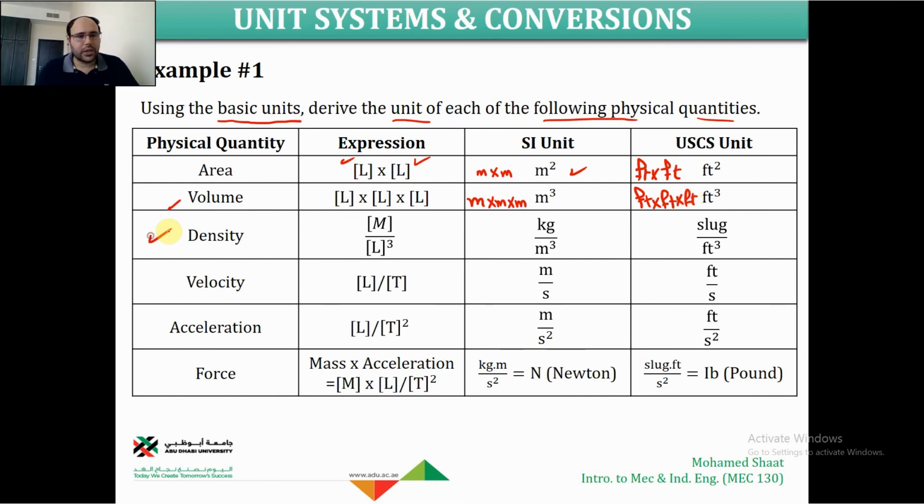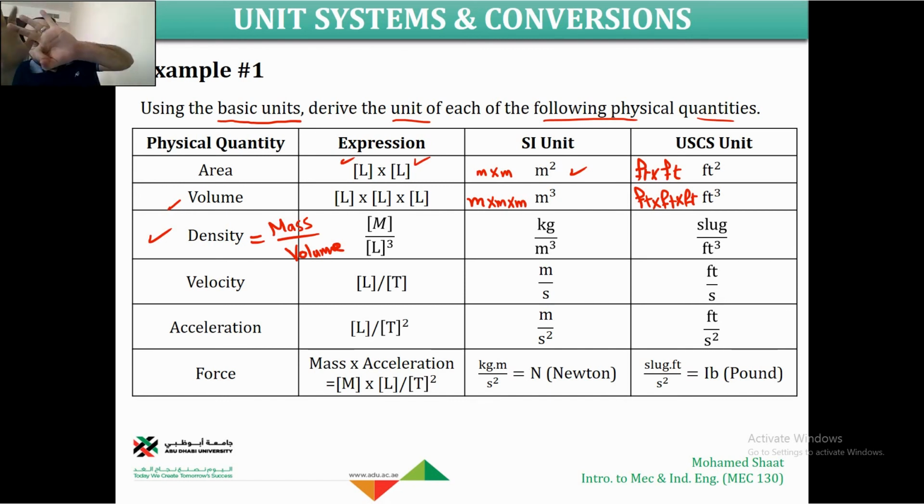How about the density? We knew from physics that the density equals mass divided by volume. This is the fundamental law for the density. Can we break down the mass? No, the mass is a basic unit.